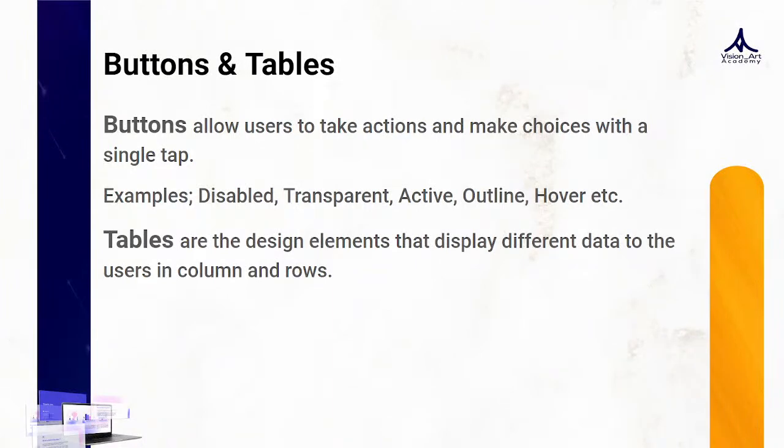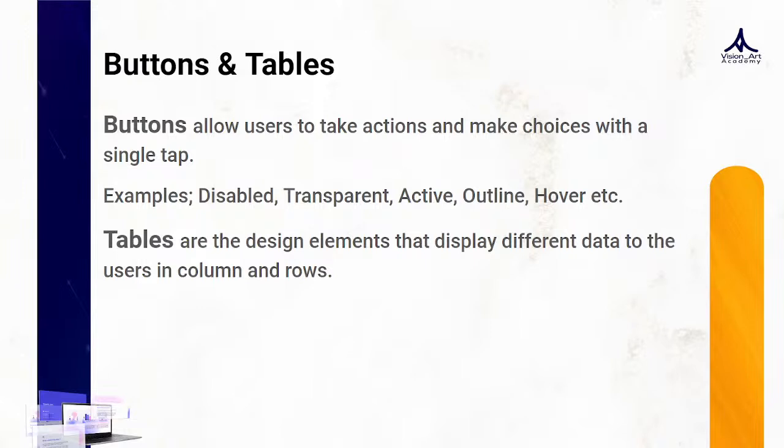Buttons are just like your normal button, right? Whenever you click on that button, it performs a particular action. So buttons allow users to take actions and make choices with a single tap. When you click on something, what happens next? It might take you to another stage.